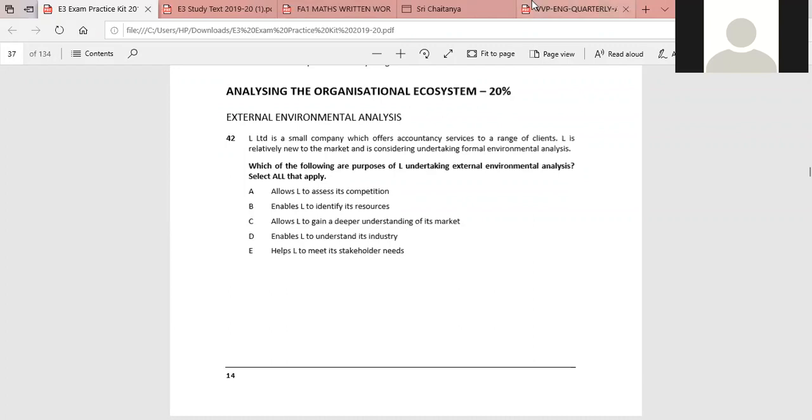Do we have to select only one or multiple? It says which of the following, so more than one option we can choose.